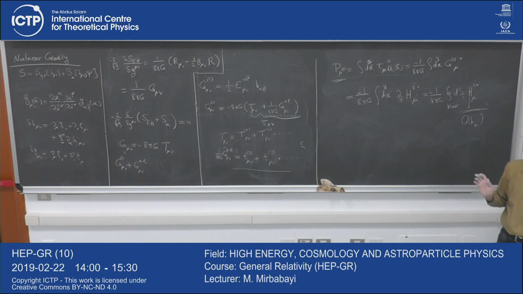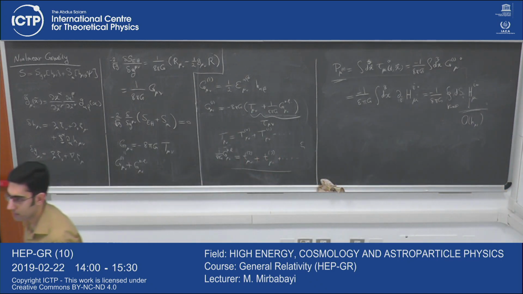So what we have achieved here is that we found a way to assign to some spacetime which might have large gravitational fields, we assign to this full spacetime a conserved energy and momentum. That is well defined. Yes.